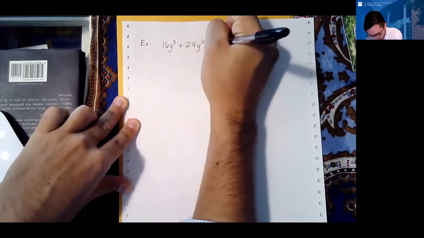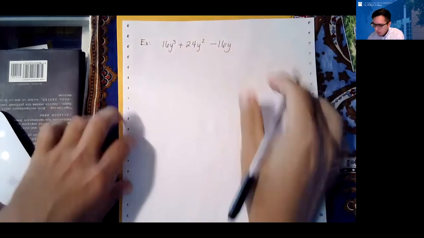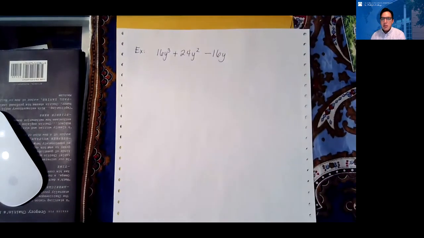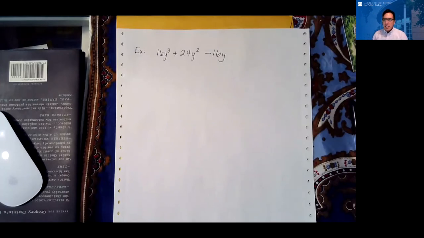Okay. We have 16y to the third power plus 24y squared minus 16y. Can anybody tell me what the first step in factoring this polynomial should be? Greatest common factor.